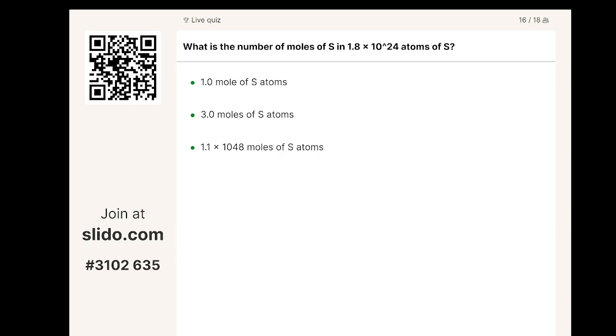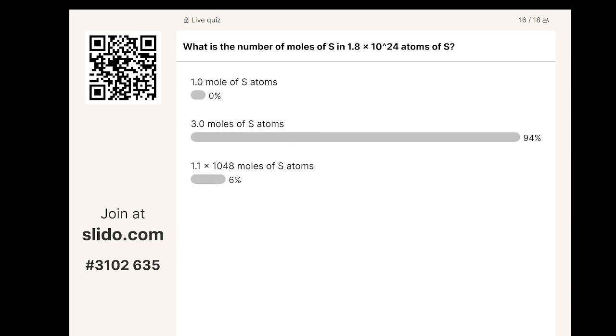Or an easier way to see it is 18 divided by 6. Okay, and so that is 3 moles. Very good.